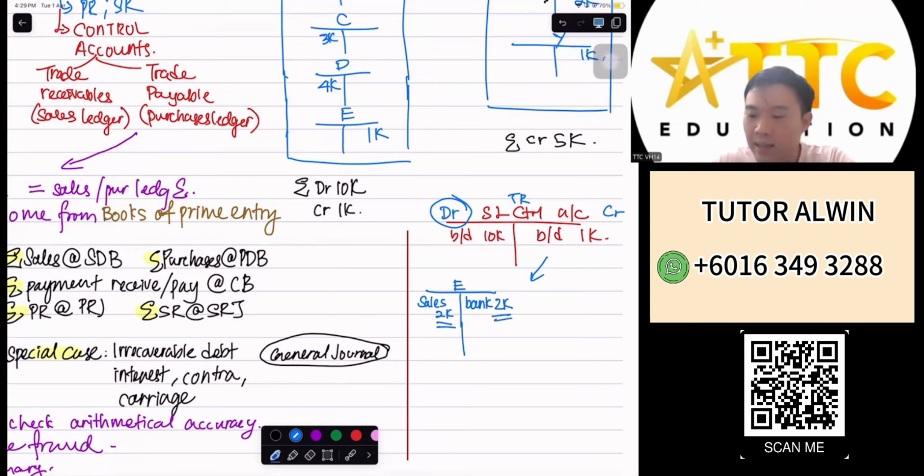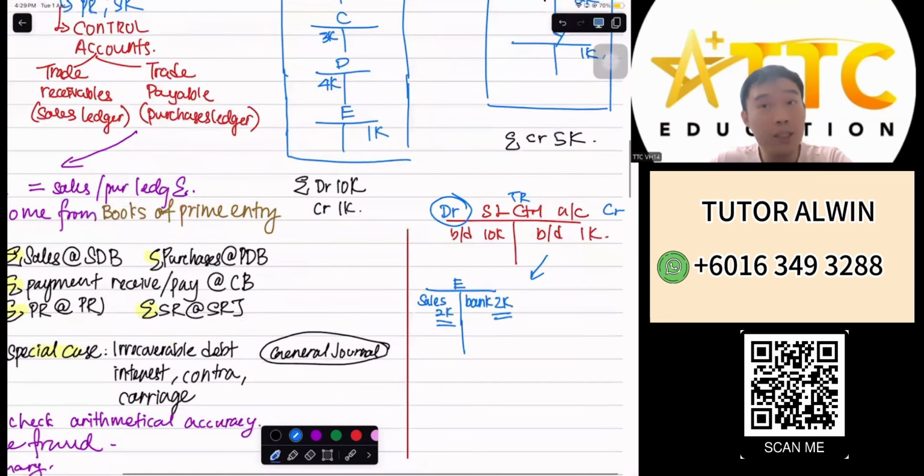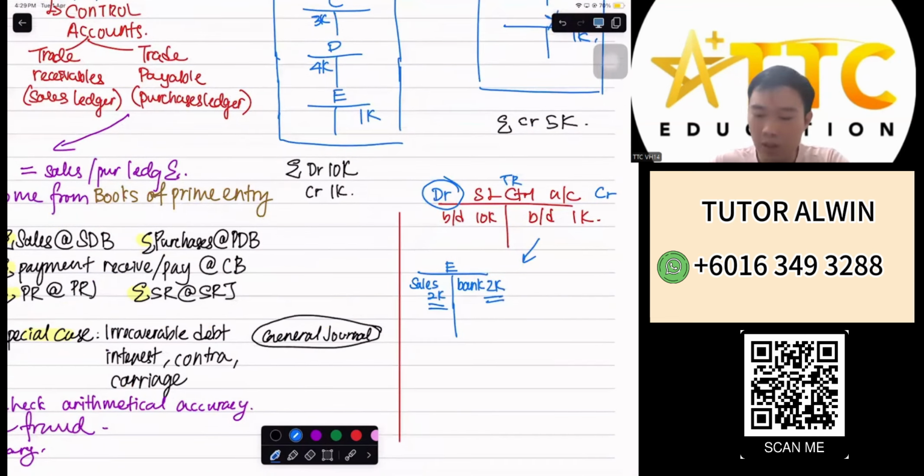Then suddenly, at the last minute, he found out that one of his products is malfunctioning, so he returned that product, worth 1,000. That would be a sales return, correct? You return it to us, and we're like, oh dear, I'm closing my accounts now and you are returning this. Anyway, it's the end of the month, so I just close first. So there's a balance carried down of 1K, and therefore a balance brought down of 1K. So that's the story here. Later on, the next month, we will refund that particular customer.